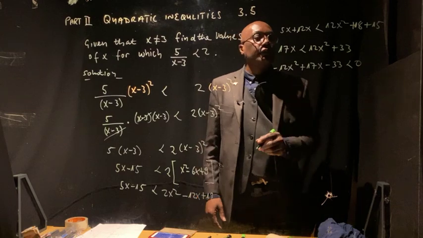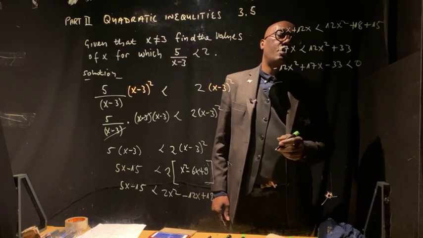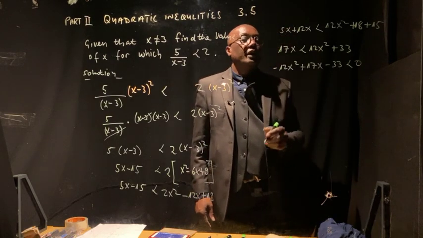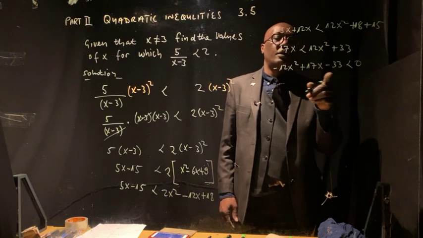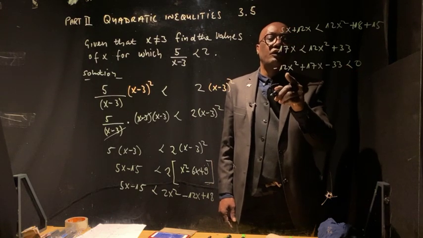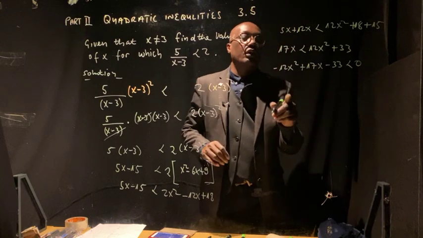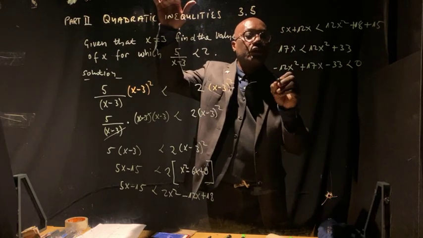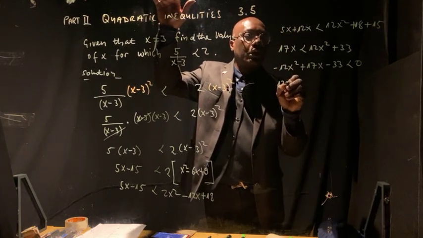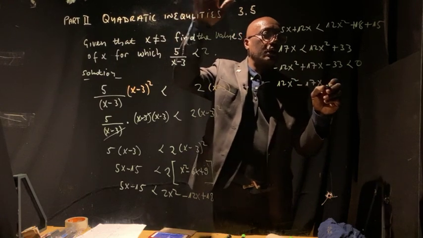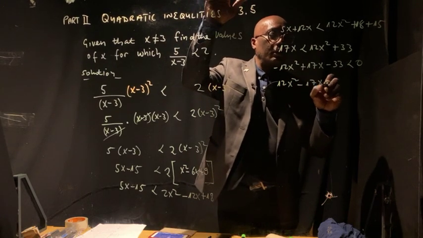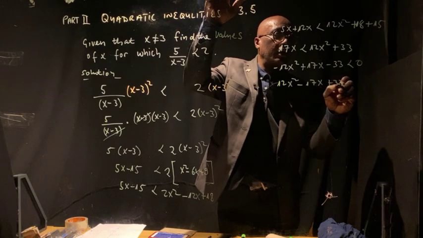Assuming this is all, we can multiply both sides by -1 to have this one positive. So if we multiply both sides by -1, we have 12x squared minus 17x plus 33.